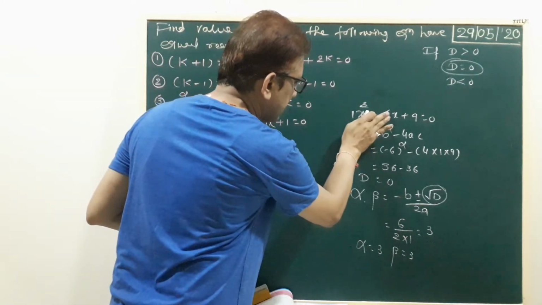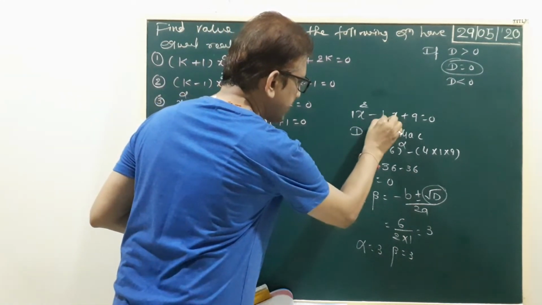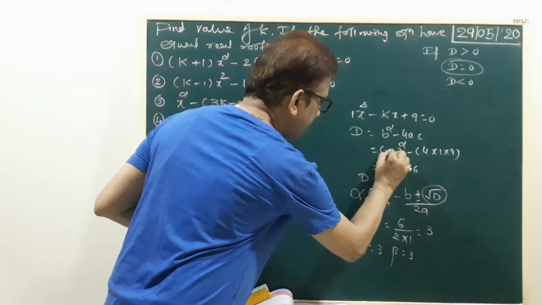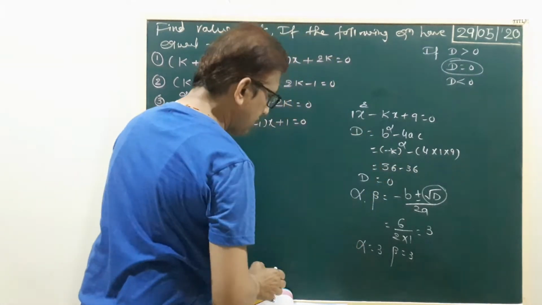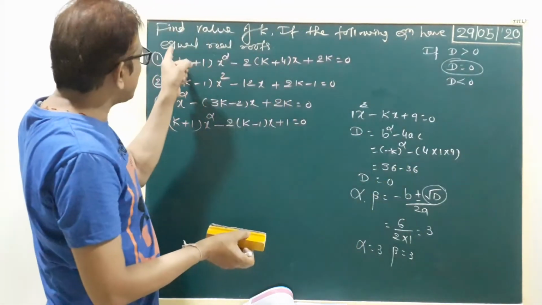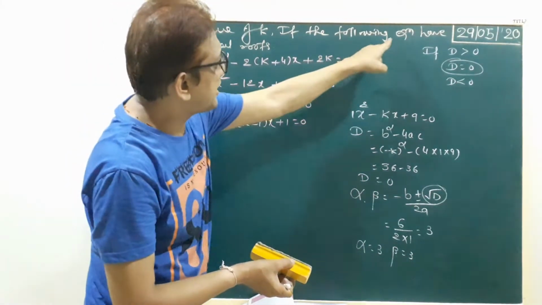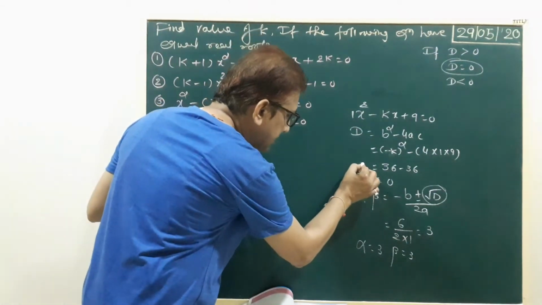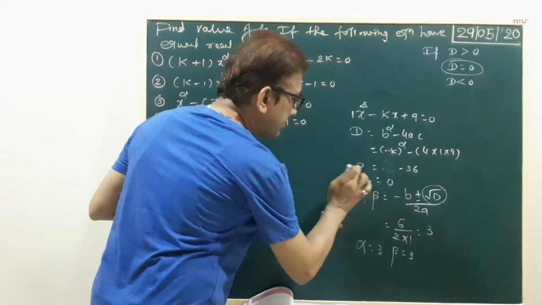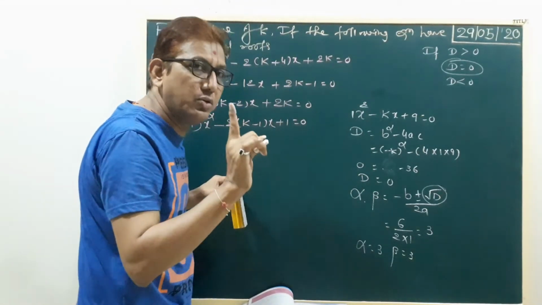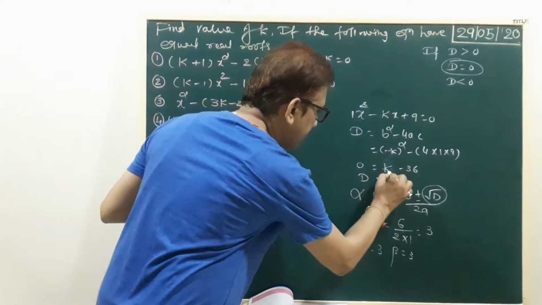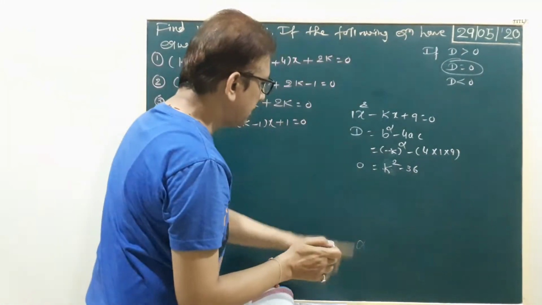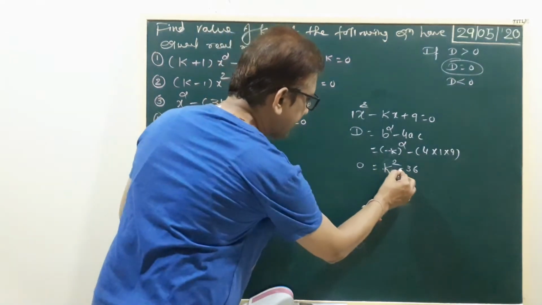Now our question is what? Here we put suppose k, so now our question is here minus k. Is that clear? The equation is given to have equal real roots. That means we accept the discriminant equal to 0. So here we write k square minus 36 equal to 0.